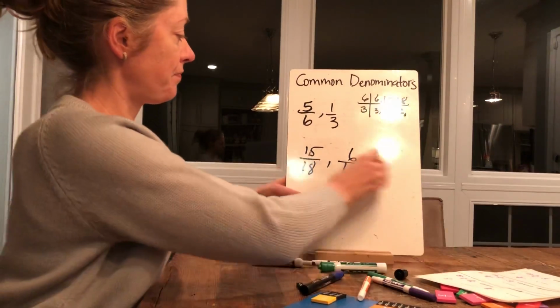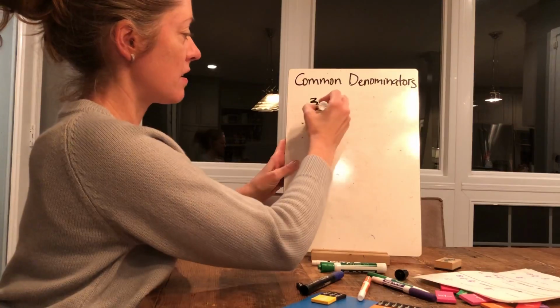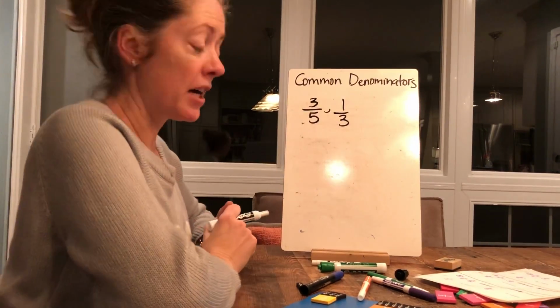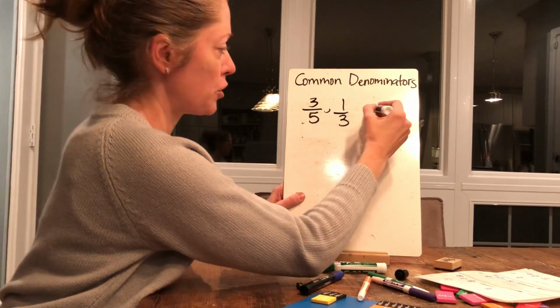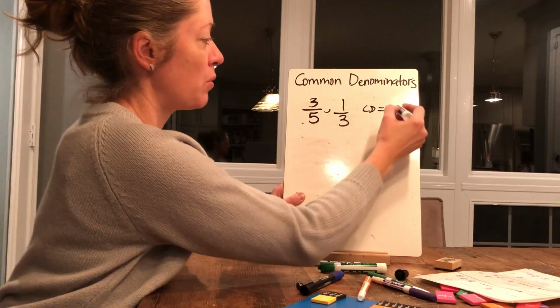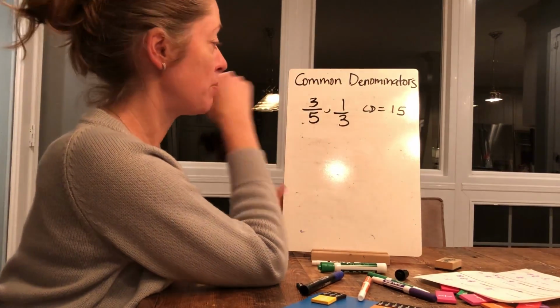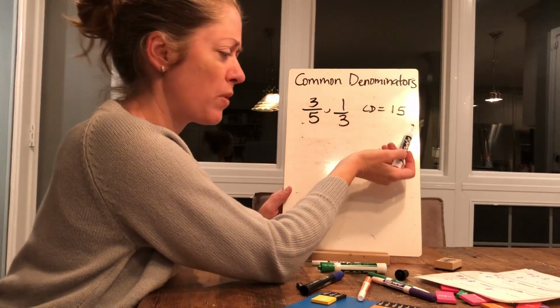Number 4. You have 3/5 and you have 1/3. A common denominator, I'm just going to, as I like to do, say CD for short, would be 15. 15 would be a good one. I suppose you could use 30 if you had to, but 15 probably is the best one to do.